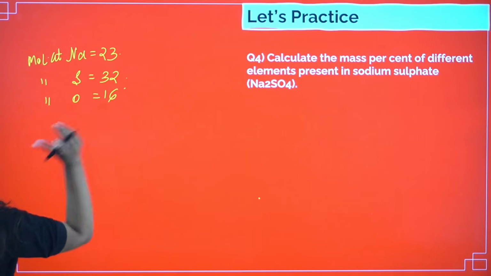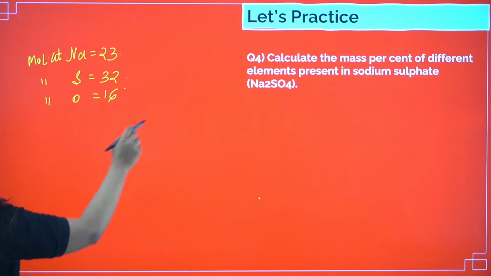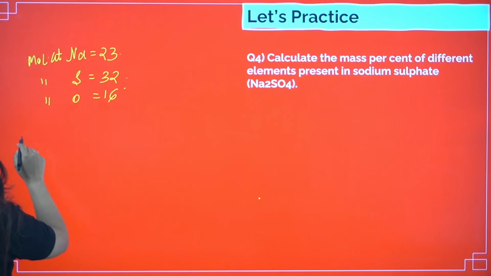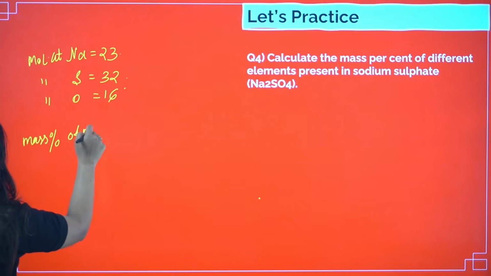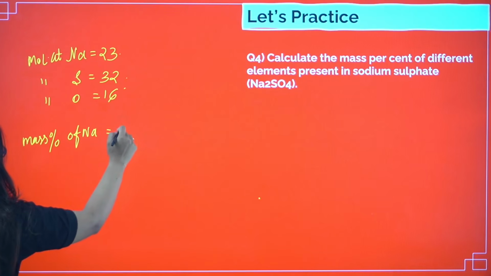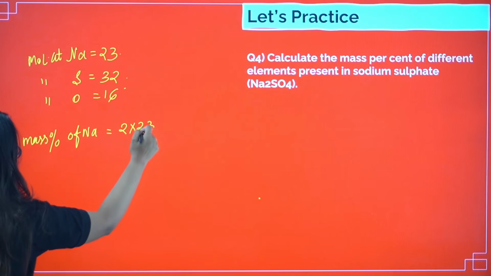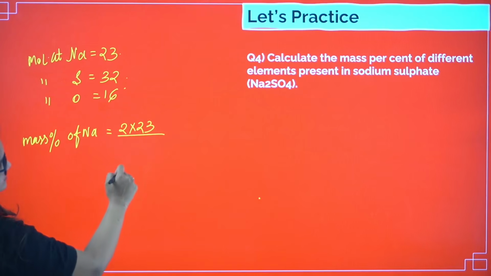But in this particular case, how many sodium are there? 2 sodium are there. So let me find out the mass percentage of sodium. That is going to be basically 2 into 23 divided by how much they give?